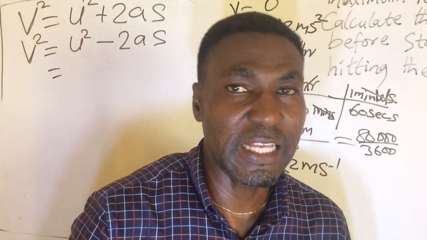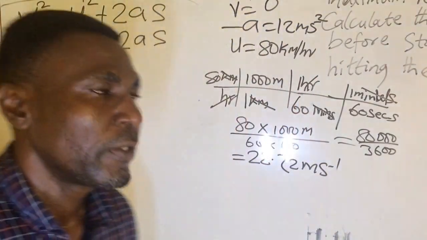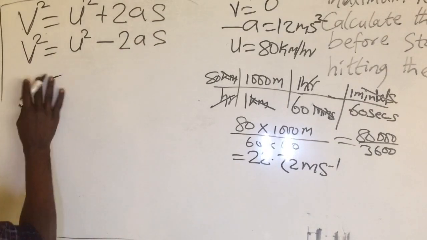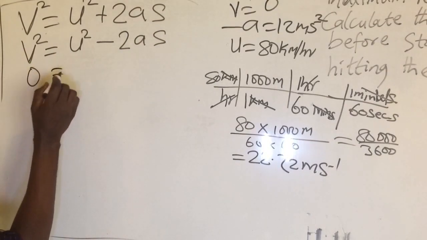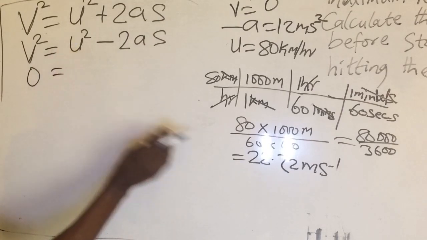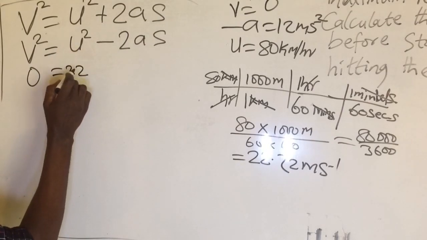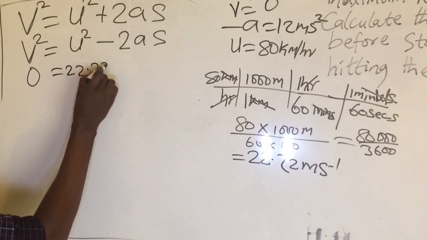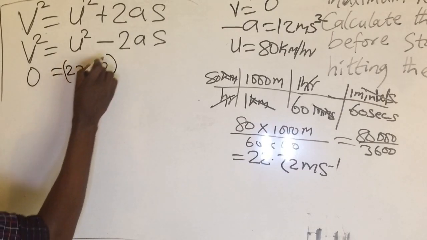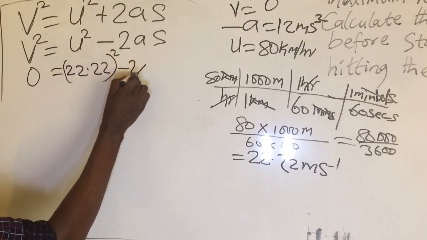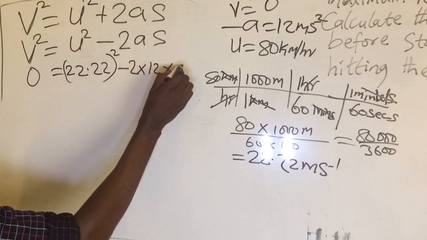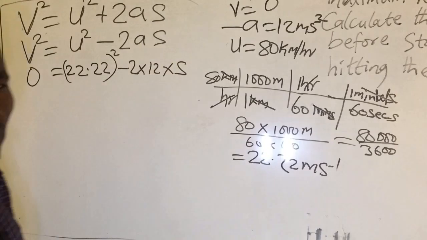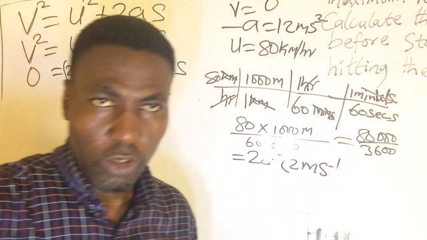Now we start here: our final velocity, which is 0, equals the initial velocity 22.22 square, minus 2 times 12 times distance.